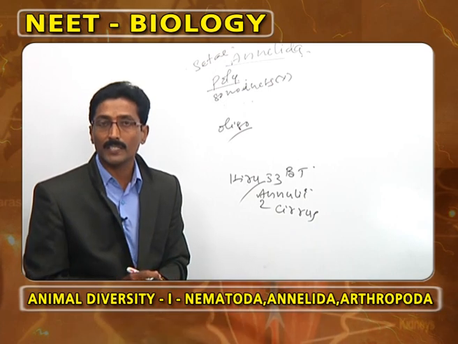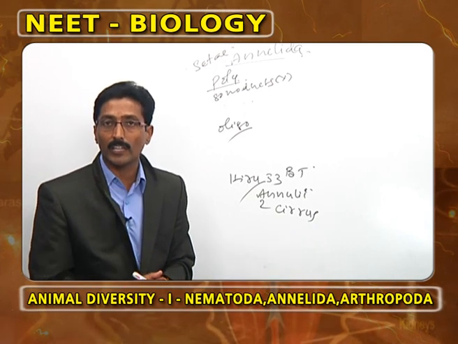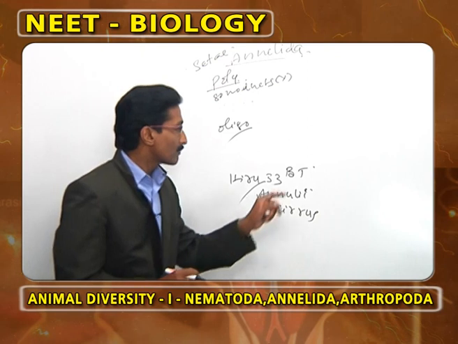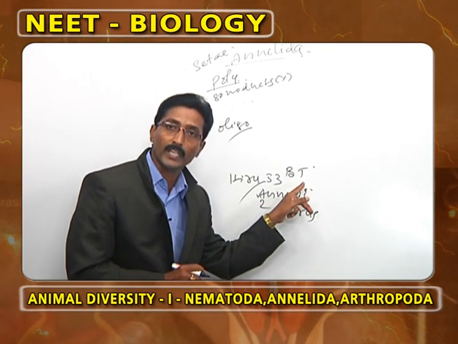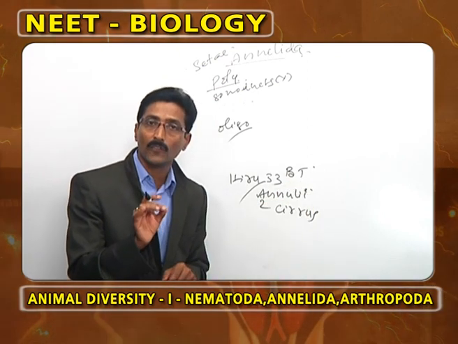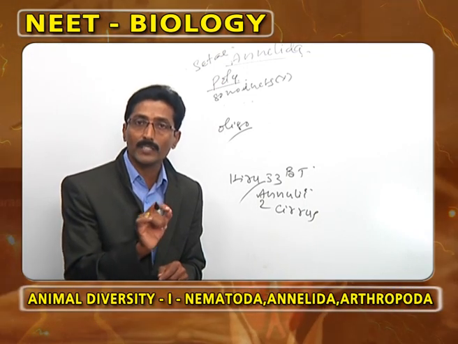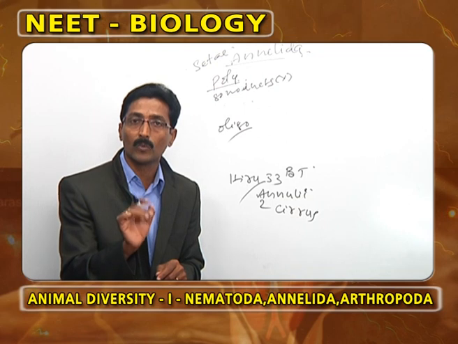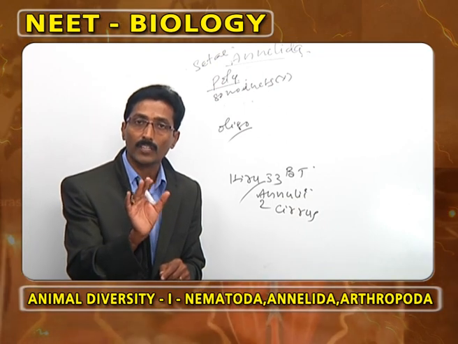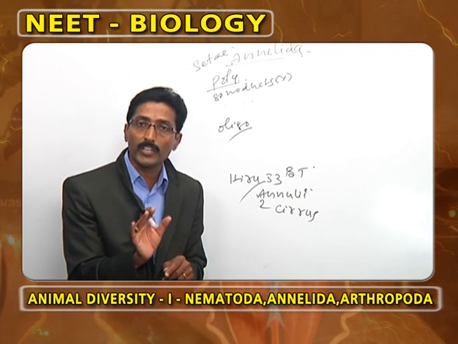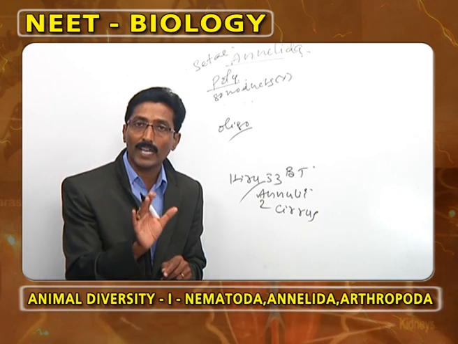According to some persons, what is the function of botryoidal tissue? Nutritive. But the majority opinion is that its function is excretion. Now from the NEET point of view, what is the function of botryoidal tissue? One option is excretion, one option is nutrition. The best option is excretion.